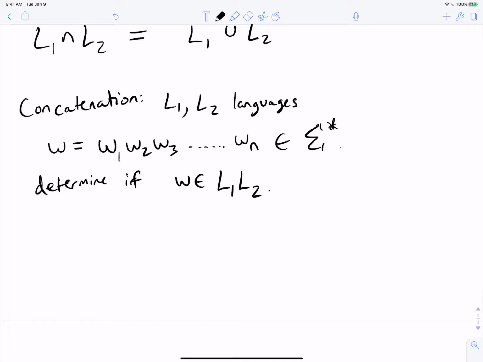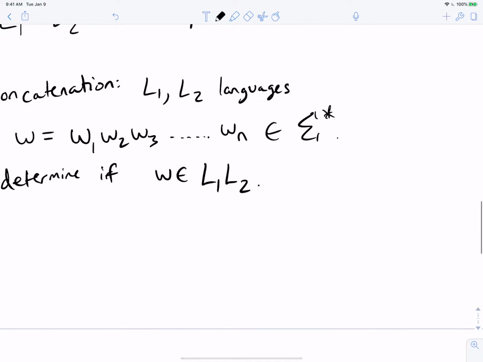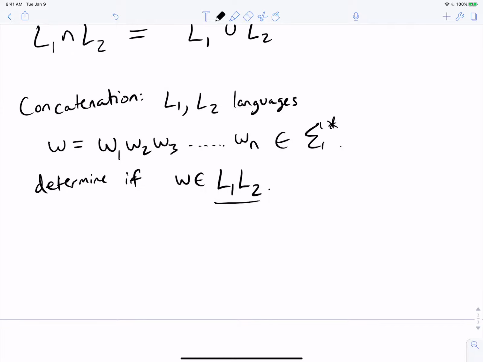So what does the concatenation say? Give a high-level description of what that means. What is the concatenation language? We append every string with the other string from the other language.